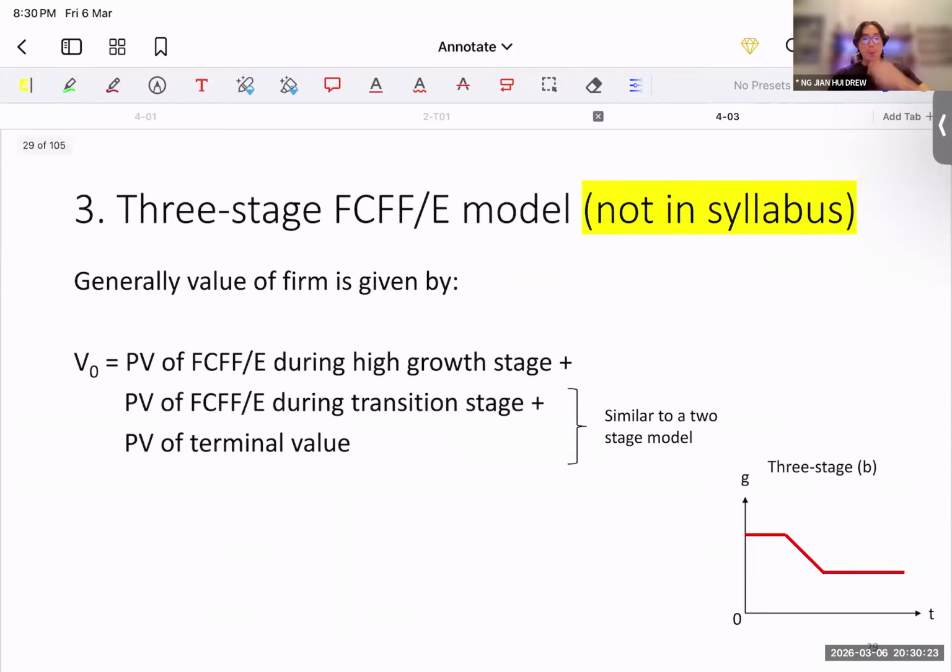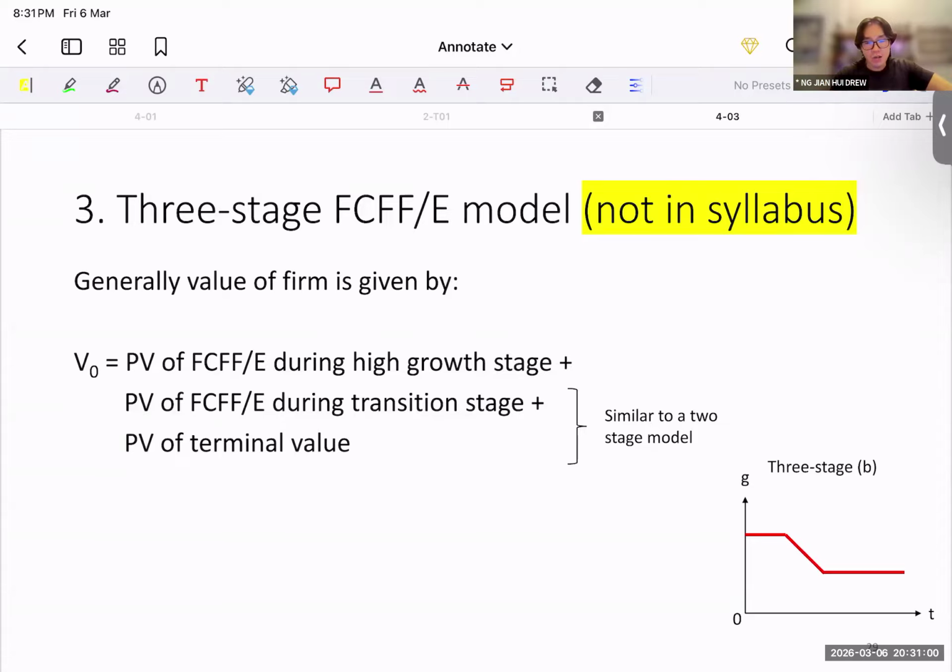Now, we discussed a bit about this during lecture 2 as well, and again, we will not really talk much about this three-stage model. I just want to highlight that the three-stage model is a combination of the H model and the present value of various cash flows model.